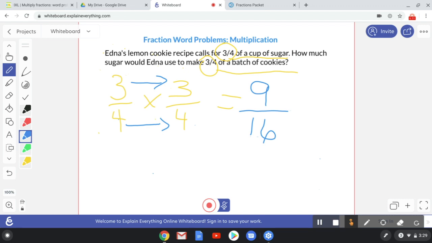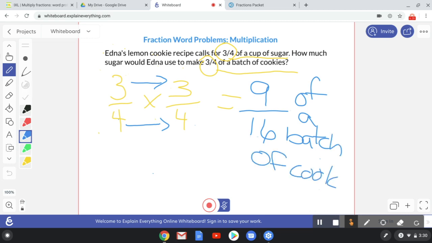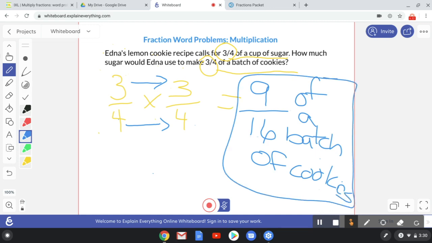So my final answer is 9/16, but it isn't just 9/16. If there are words in my problem, I need words in my answer. It's 9/16 of a batch of cookies. And I always circle or box my answer so my teacher knows exactly where to look.